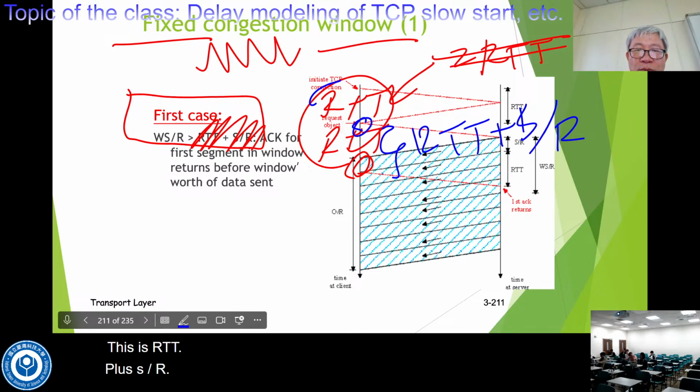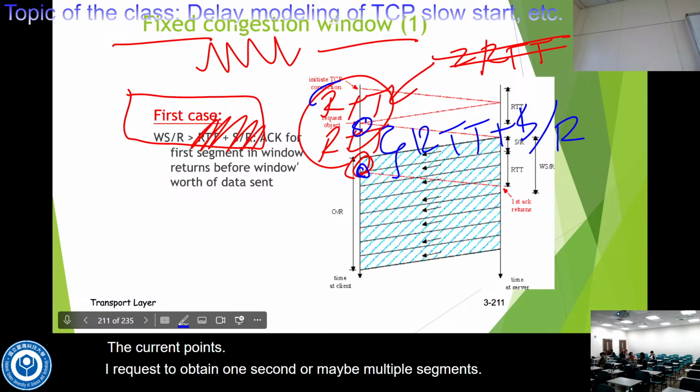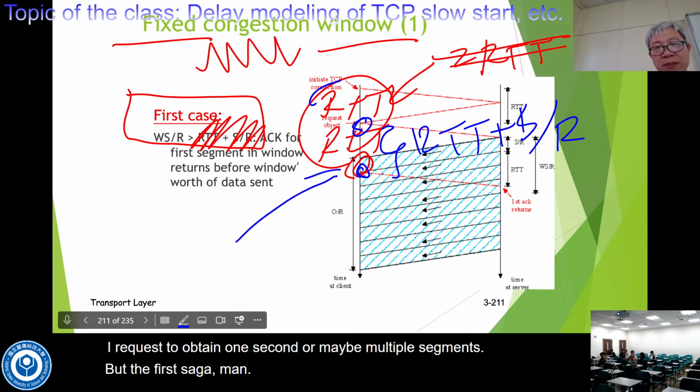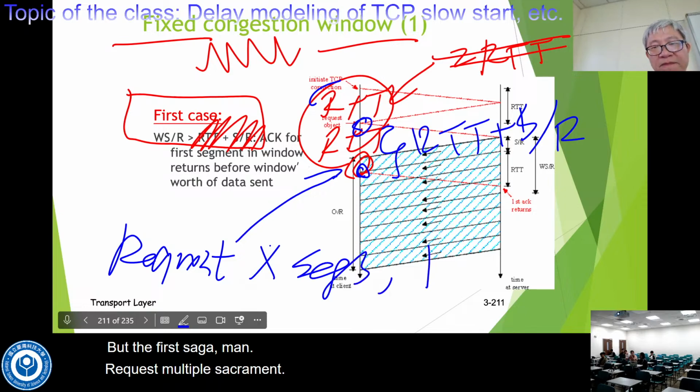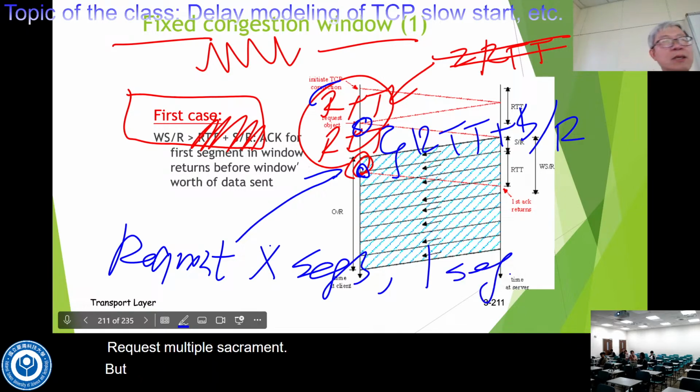So we have the point. At the current 2 points, I request to obtain 1 segment, or maybe multiple segments. But the first segment comes back.